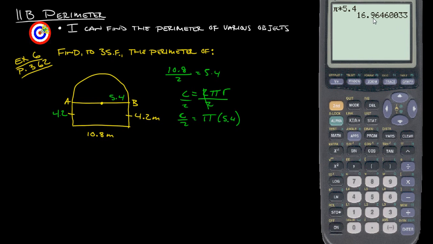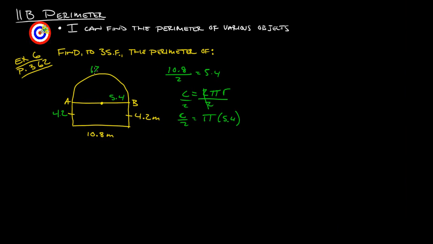Again, there's our 3rd significant figure. The 6 tells the 9 to get bigger, so this is really 17.0. So this here is 17.0 from here around to here. To figure out our total perimeter, it's going to be 4.2 plus 10.8 plus 4.2 plus 17.0.